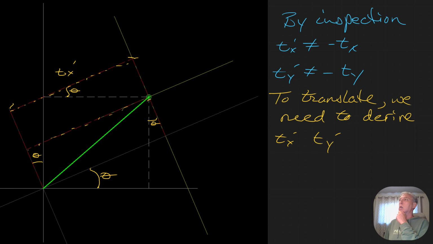And this is our Tx, our hypotenuse here. Let me use a different color. That's Tx. And this is our Ty. Likewise, this distance over here is Ty, because they're the same distance, right?